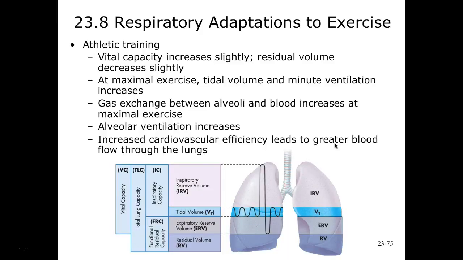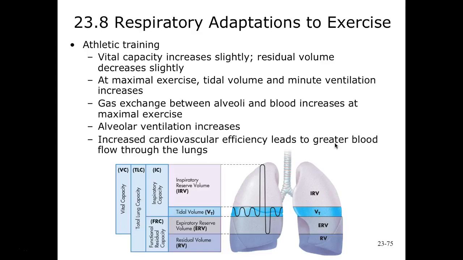All right, we have section 23.8, which discusses more of our respiratory adaptations to exercise. So within athletic training, we are going to have our vital capacity that's going to increase slightly. So I put in this chart again just for us to refresh our memory.